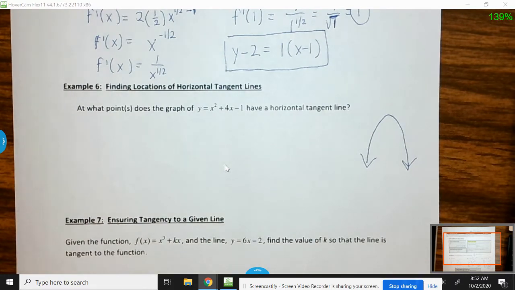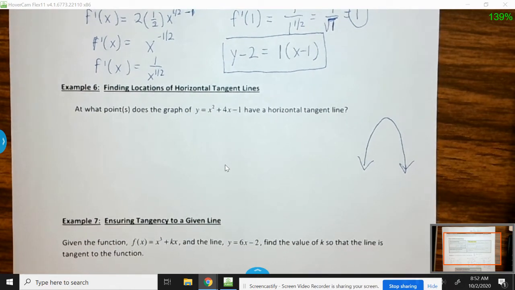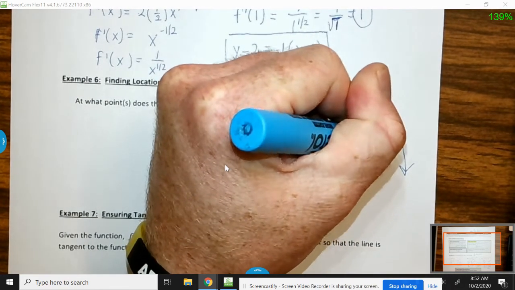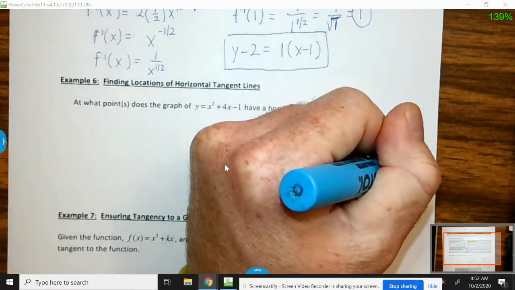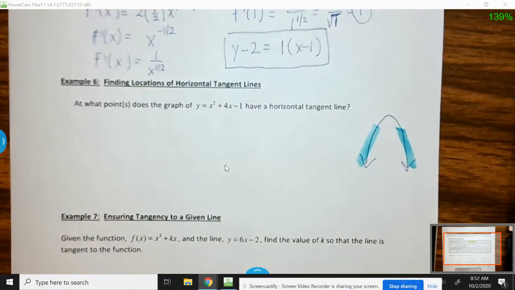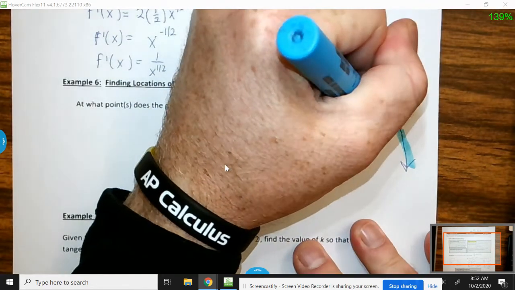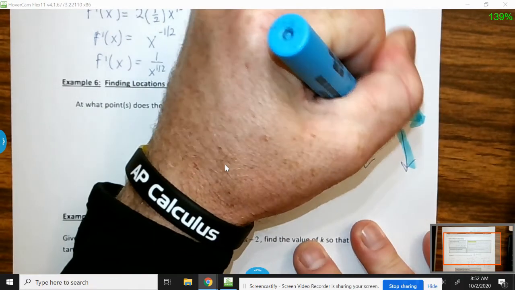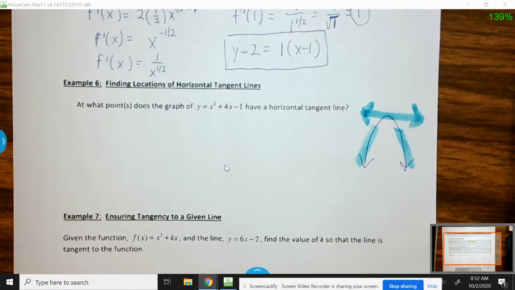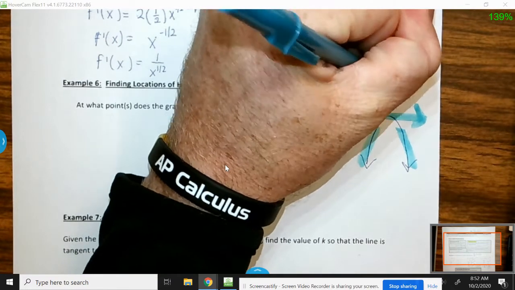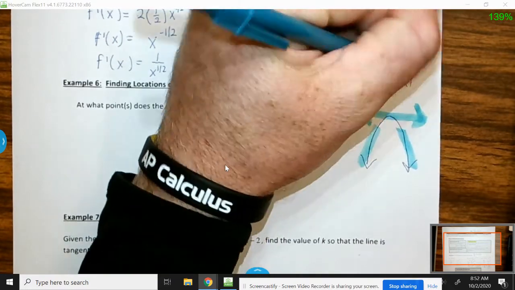Remember that we said sometimes the slope of a polynomial is positive, sometimes it's negative. And if the slopes are positive and negative, then in between the slopes have to equal 0. So a horizontal tangent, right?